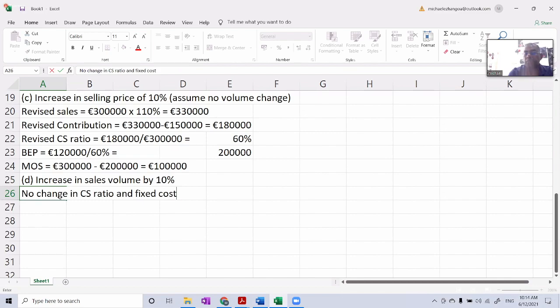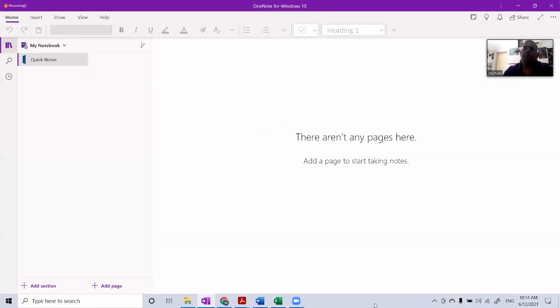Remember, we are talking about volume change, number of units increasing, not necessarily the change in CS ratio. Let me explain this.